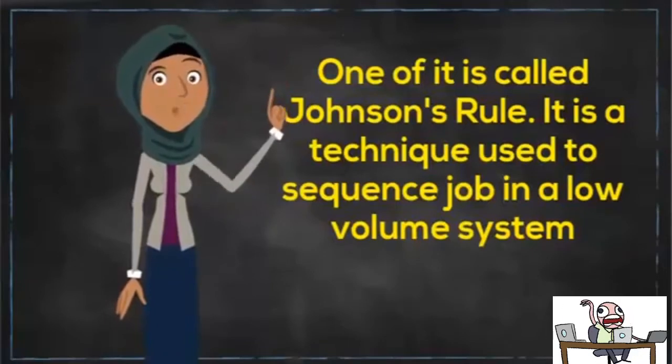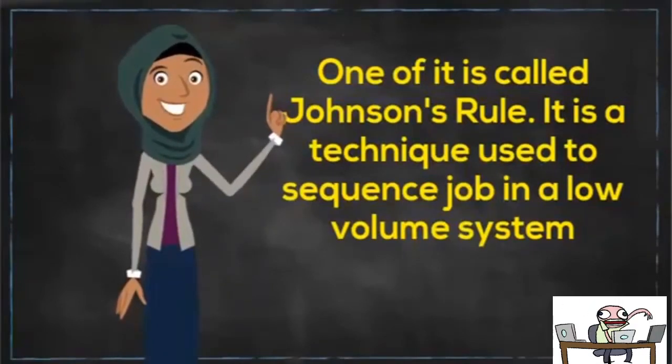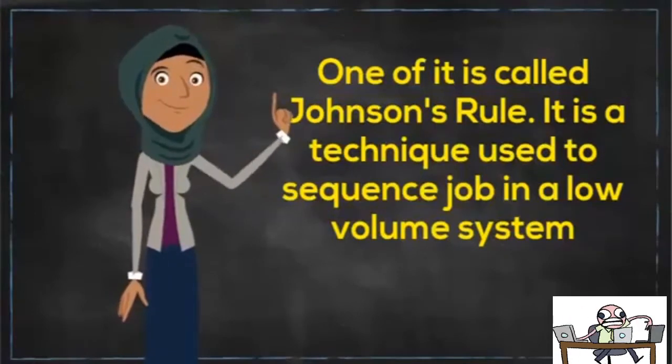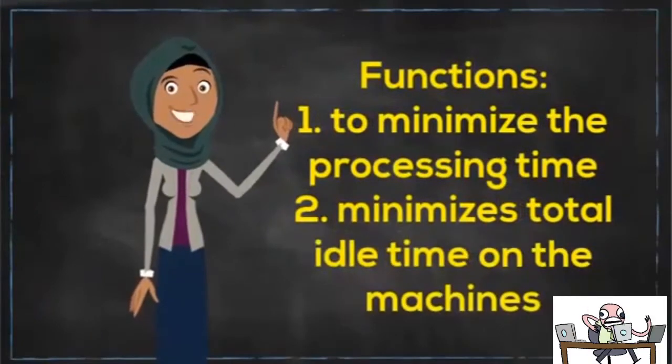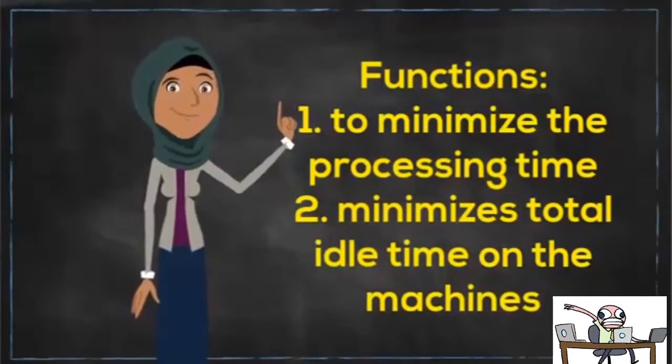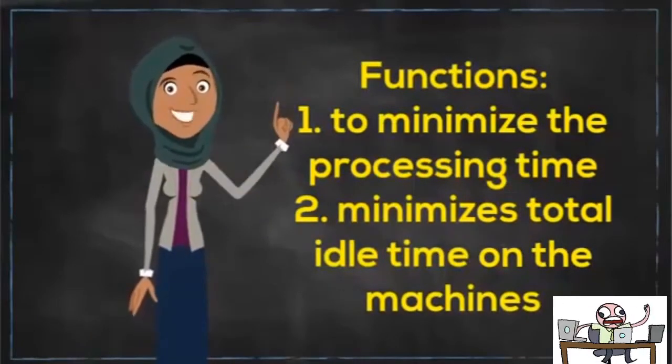It is a technique used to sequence jobs in a low-volume system. The functions are, one, to minimize the processing time, and two, to minimize the total idle time on the machines.